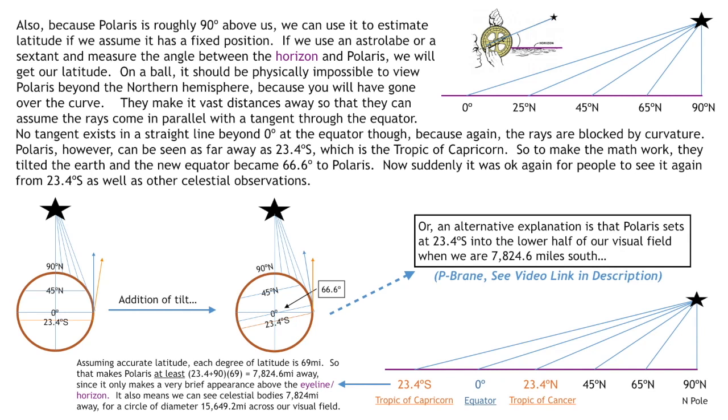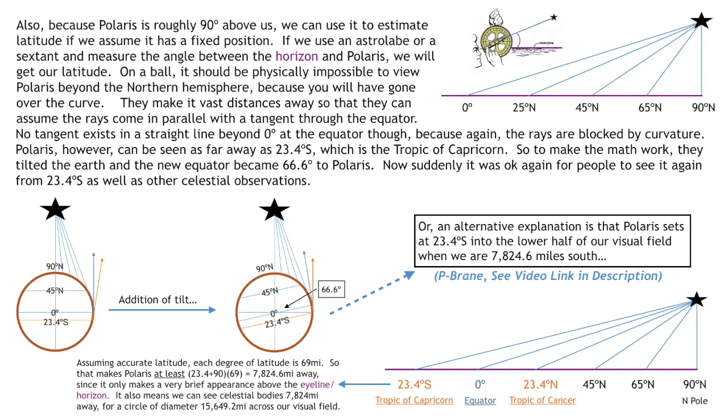So it also means we can see celestial bodies 7,800 miles away, so for a circle of diameter of about 15,600 miles across our visual field. So at the least, we know that is the limit to our diameter of vision across which we can observe celestial objects.